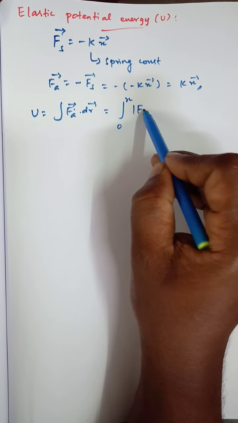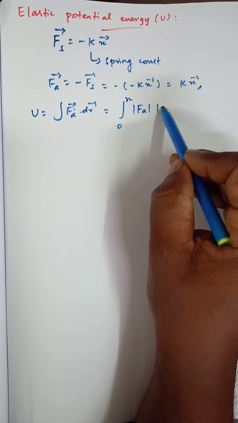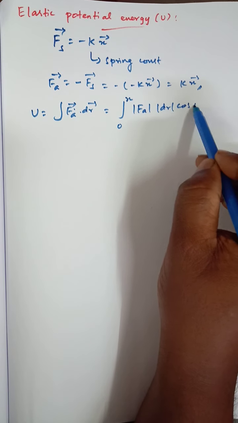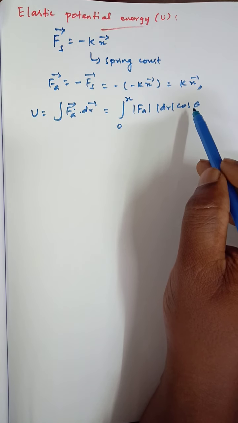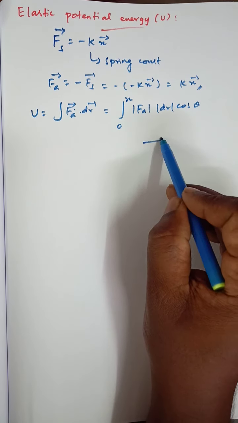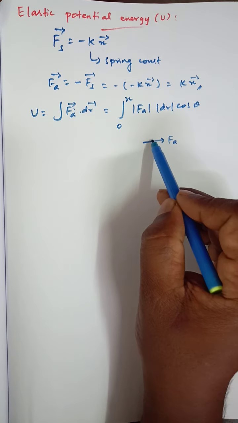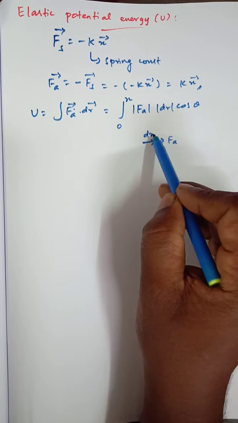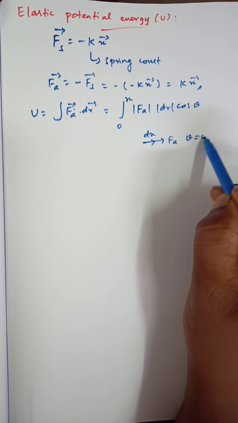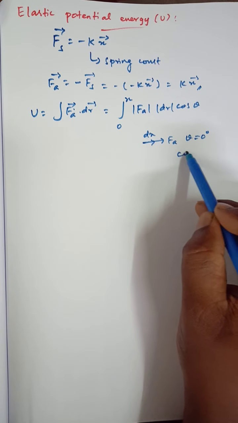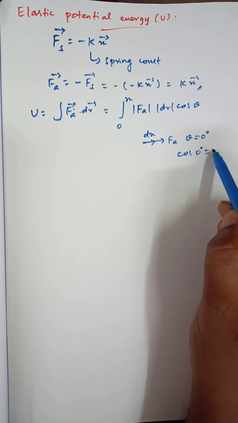Then modulus of Fa, then modulus of dr into cos theta. Here theta is the angle between F and dx. See, this is the direction of the applied force, and this is the direction of the spring elongation in the positive x direction. Both are in the same direction, which means theta is equal to 0, and cos 0 is equal to 1.